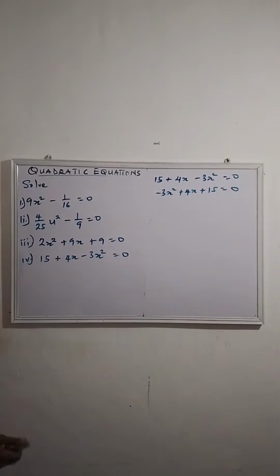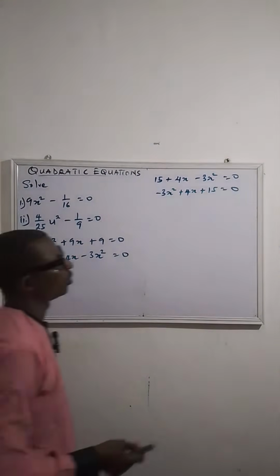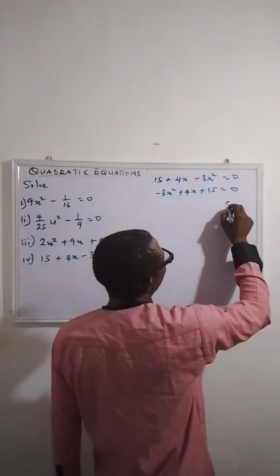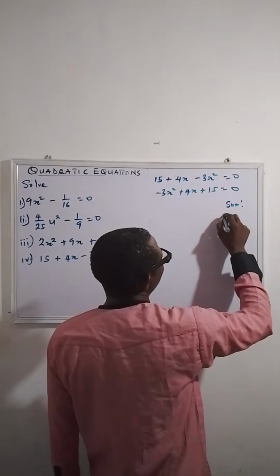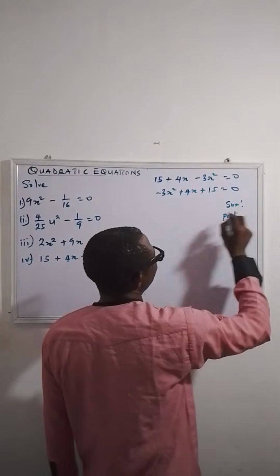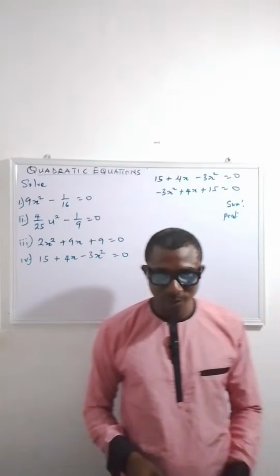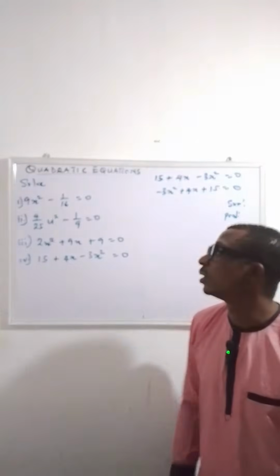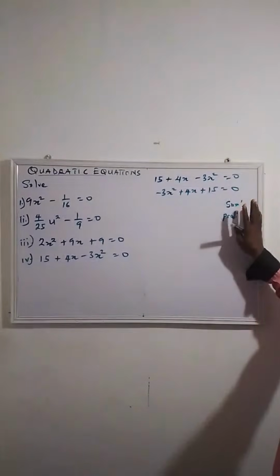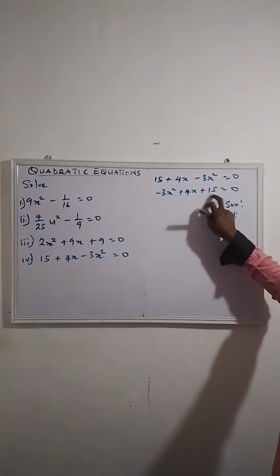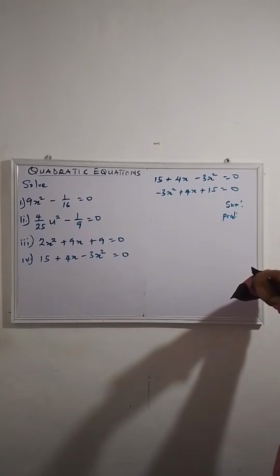Now, you need to get the sum and product. What is the sum and product? Now, sum is what? I need you to tell me that. Let's see. What is sum and what is product? So drop your answer in the comment section. Let's see what you have. What is the sum and product of this quadratic equation?